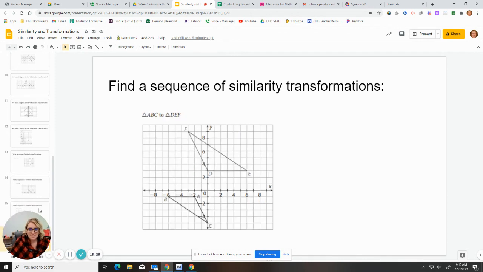Okay. And then lastly, we're going to talk about this one just really quickly. This one is obviously going to be a dilation a little bit. It's moving and it is rotating. So you know it's rotating because this figure is now down here, right? C and F relate.